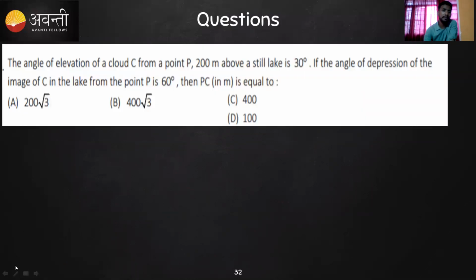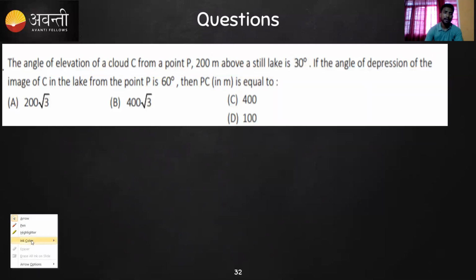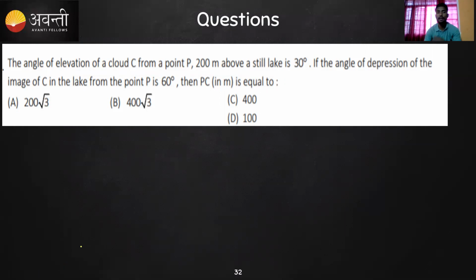So here you can see it is basically a height and distance problem. I think for this kind of question, you have to be very smart with the imagination of what it is trying to say.